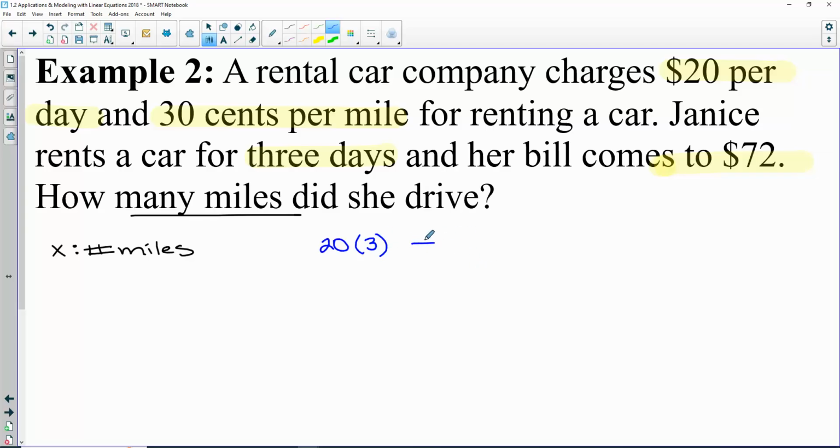And in addition to that, so plus 30 cents per mile. What would I do there? 30x. Is there a problem right now? Yes. That is 30 cents, so I need to make it 0.30x. Equals, how much money did we owe? $72.